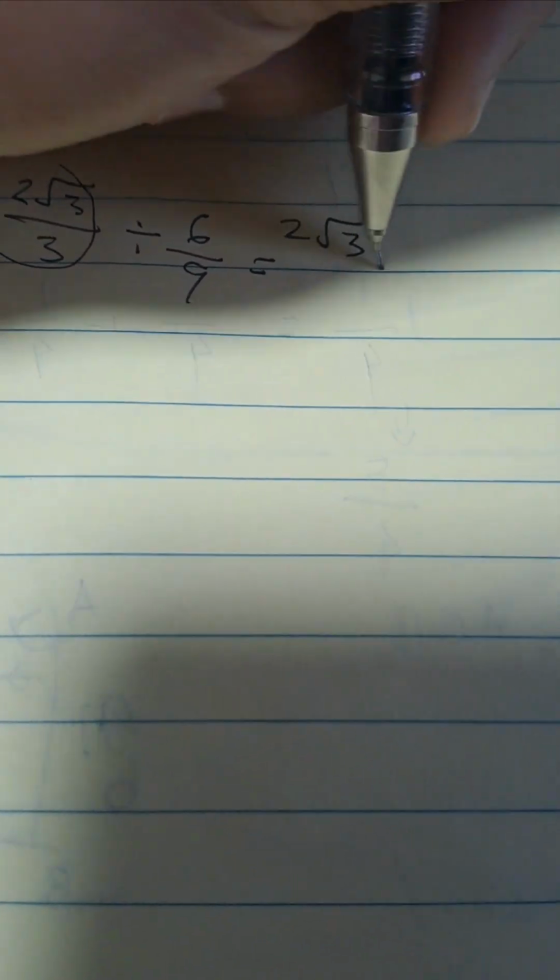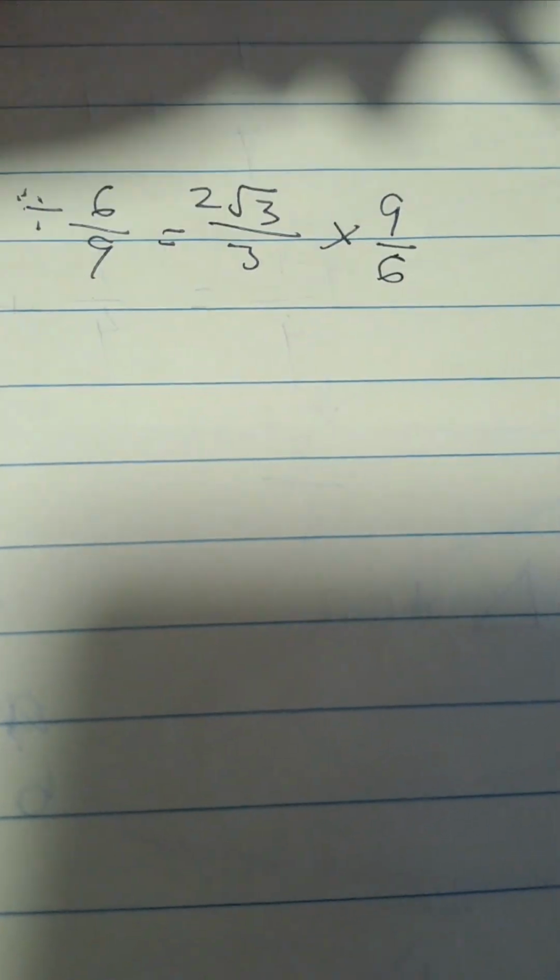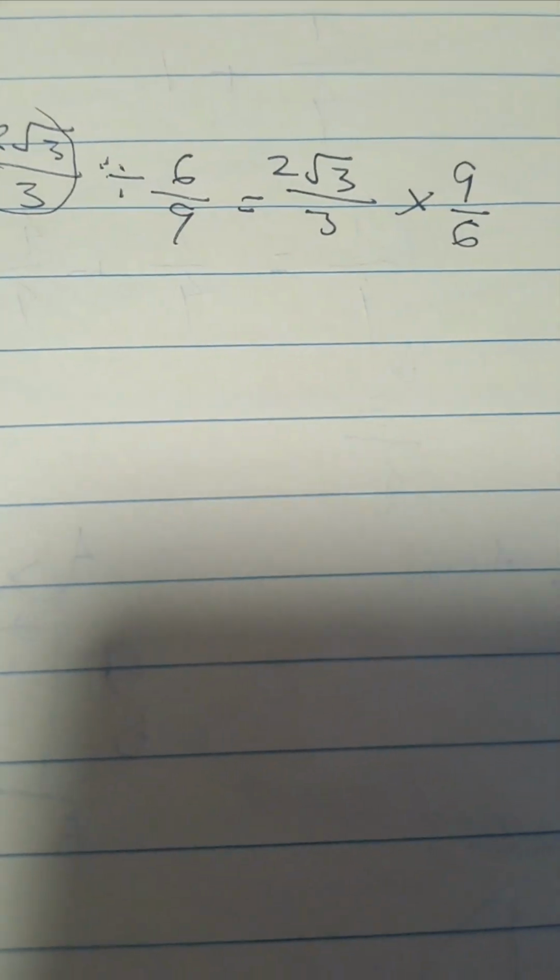But you need to solve it. So how? We're going to turn this into multiplication. You're going to keep this side, 2 square root of 3 over 3. Multiplication. You change the sign. And then you flip the denominator and the numerator. And you have that. Ta-da!